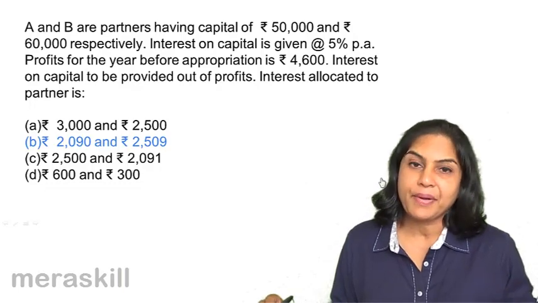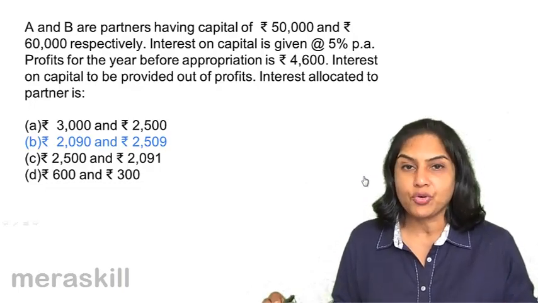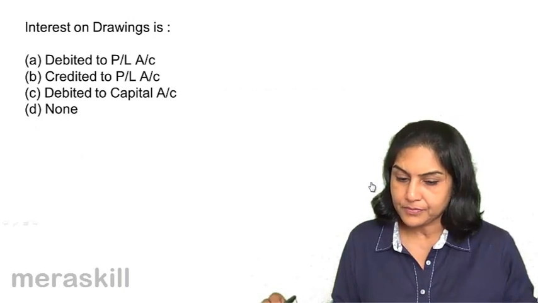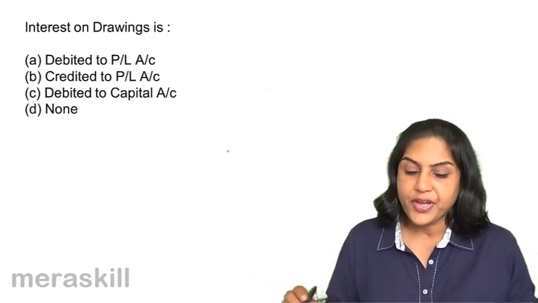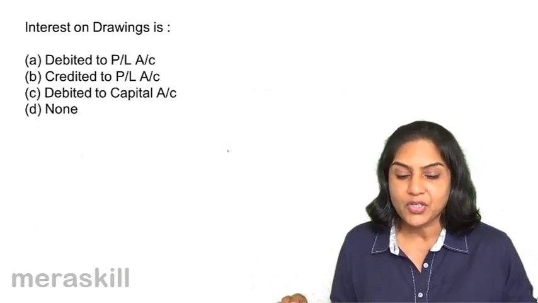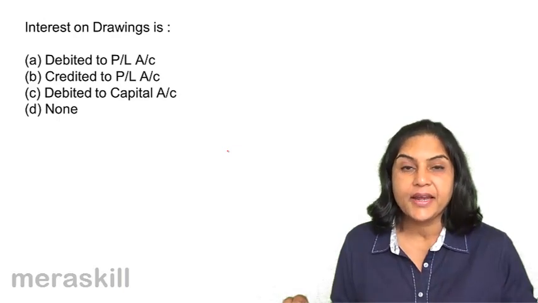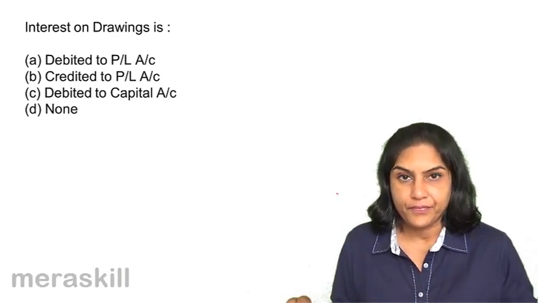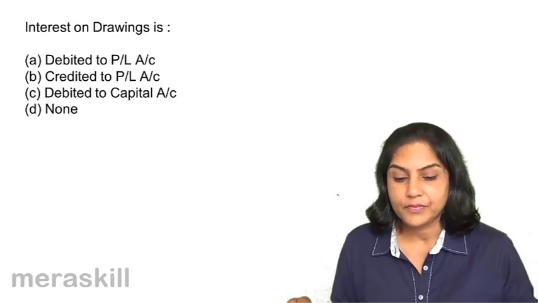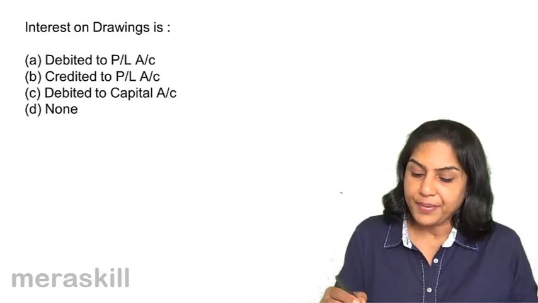Profits, interest on capital distributed only out of profits. Interest on drawings is A, debited to profit and loss account, B, credited to profit and loss account, C, debited to capital account, and D, none. Interest on drawings is debited to capital account.